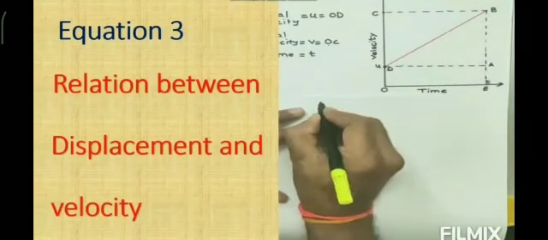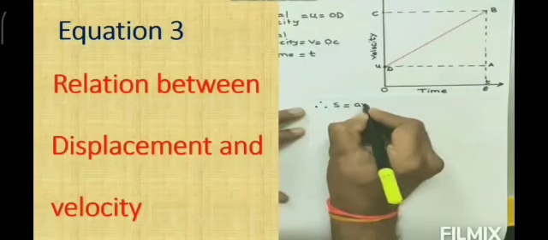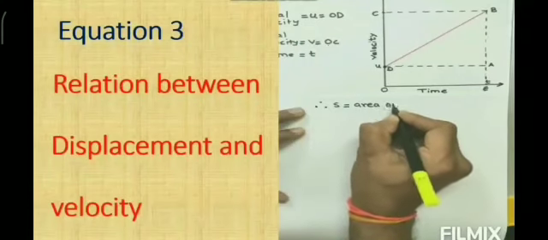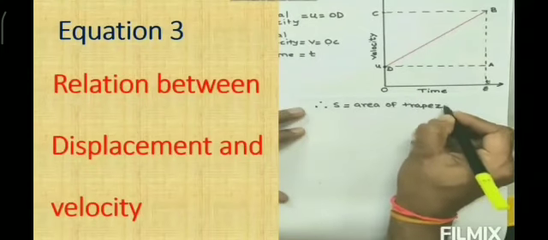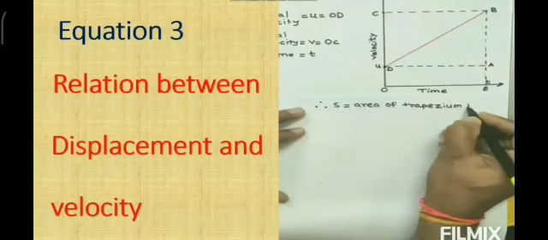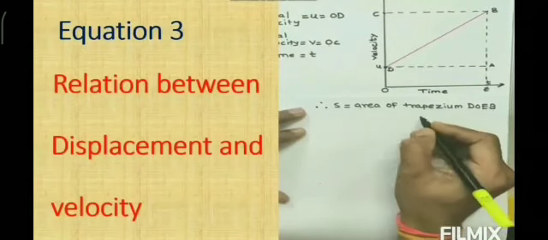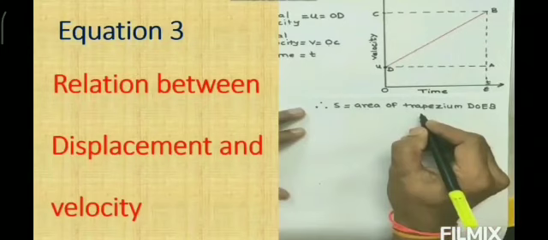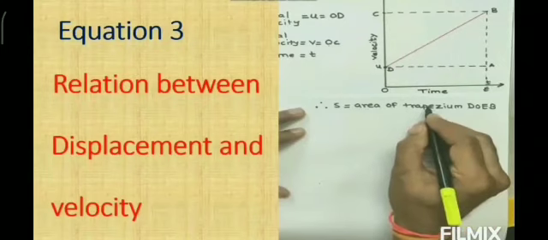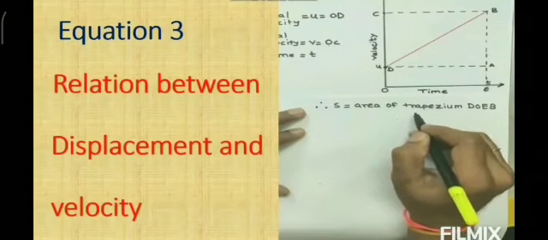Therefore S is equal to area of trapezium DOEB. Now what is the formula of the area of trapezium? We know that half into sum of parallel sides into distance between parallel sides is the formula of the area of trapezium.